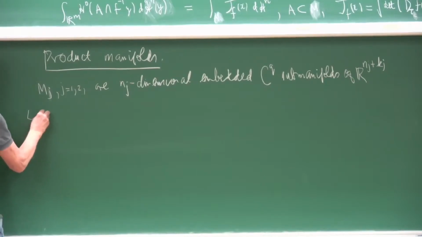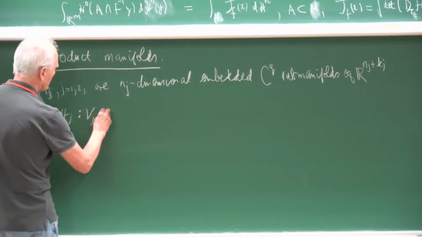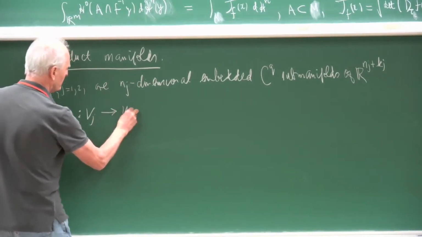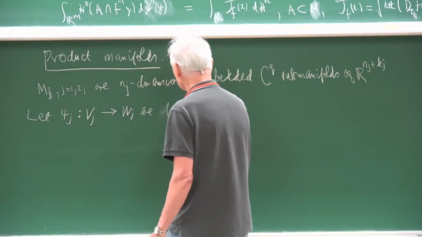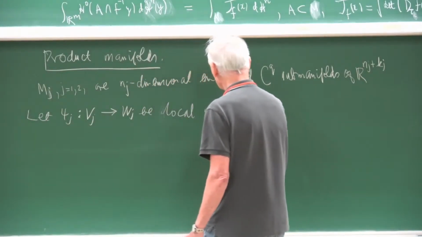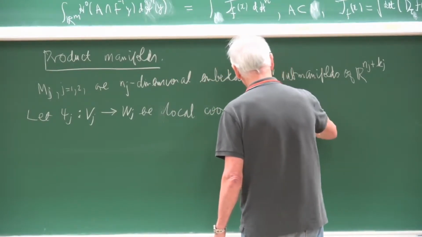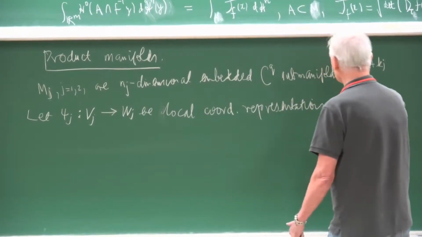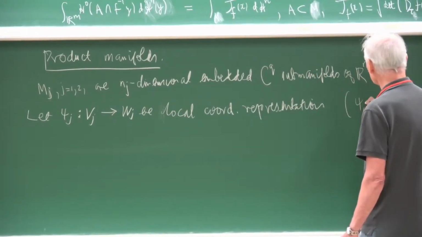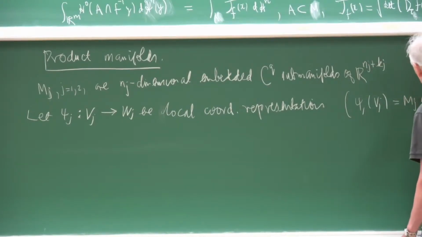So let Cj from Vj into Wj be local coordinate representations for these. So that means that in particular Cj of Vj is equal to Mj intersect Wj.